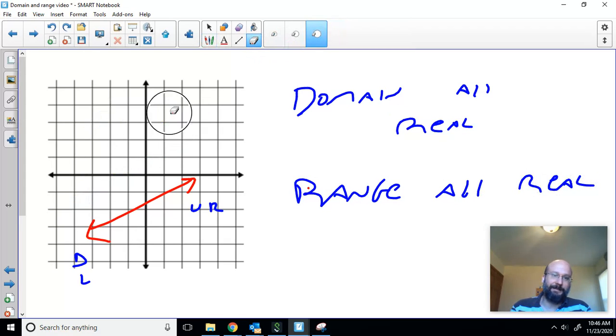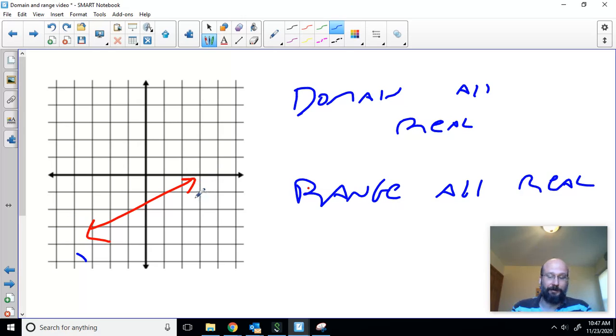And that's all real because these arrows are going down and up forever, and they're going left and right forever. So it can look like this. It could be going this way. It's just a straight line, in other words. There's no bend like what we've been doing. It's just a straight line with arrows at the end. That's where your domain and range is all real numbers.